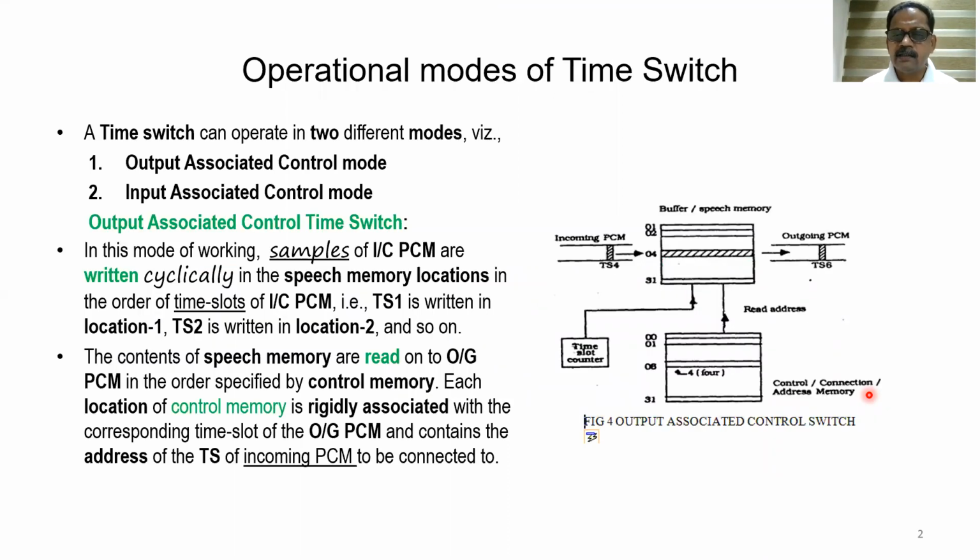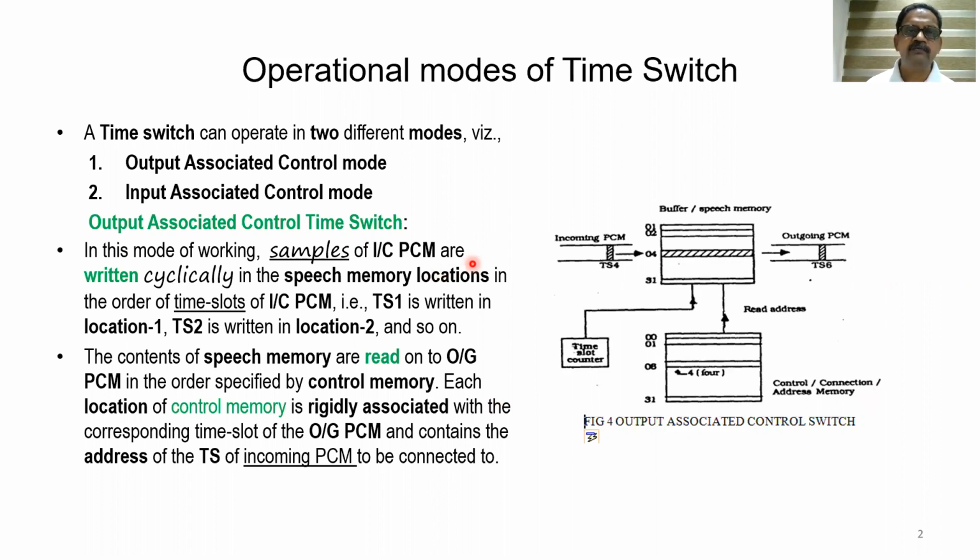In our earlier part 2, we were discussing the concept of time switch as far as digital switching is concerned. Now we will proceed with our discussion on time switch.